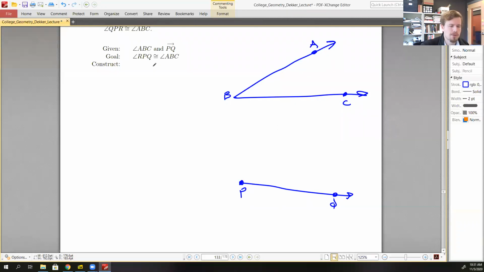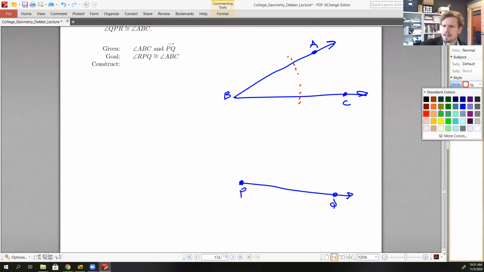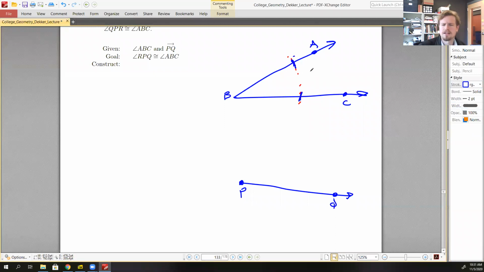All right, so the first thing that I'm going to do is draw a circle centered at B, passing through there. Let me put that in red. I'm going to construct a circle, and that's going to give me intersection points on the line here and here.